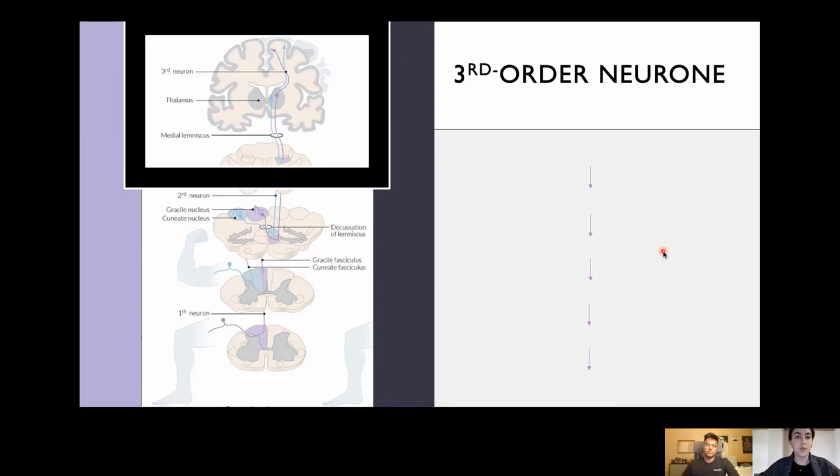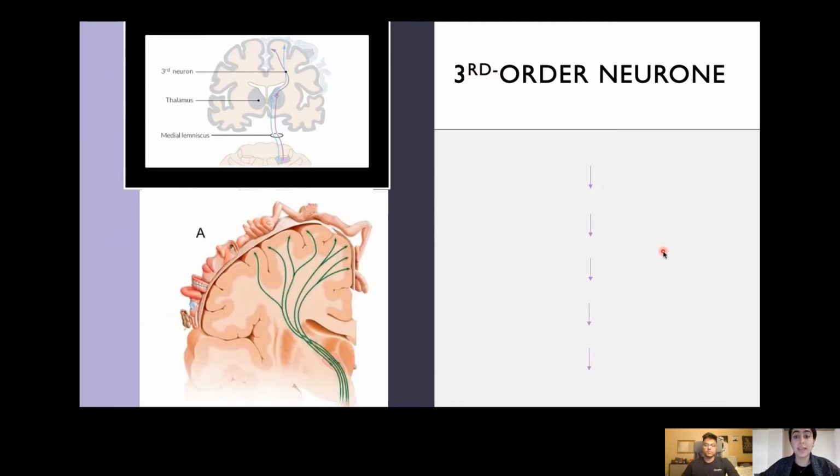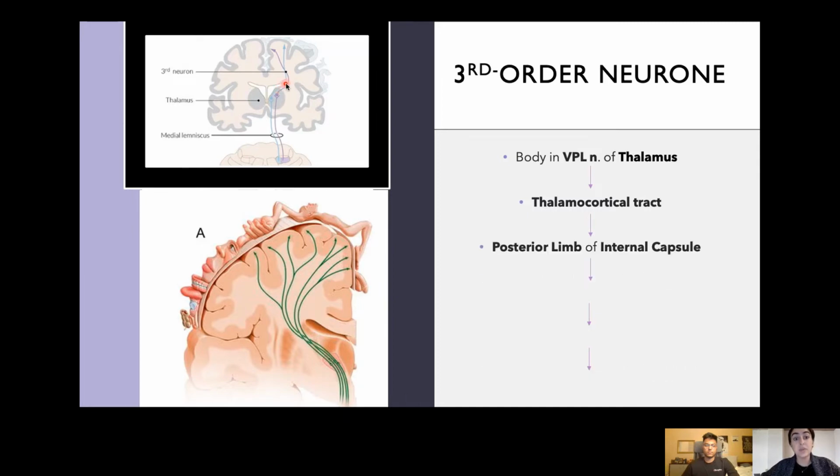Now, third order neuron. So, where did we say the third order neuron starts? At the VPLN, that means ventral posterior lateral nucleus of the thalamus. Then it will go as the thalamocortical tract to the posterior limb of the internal capsule.